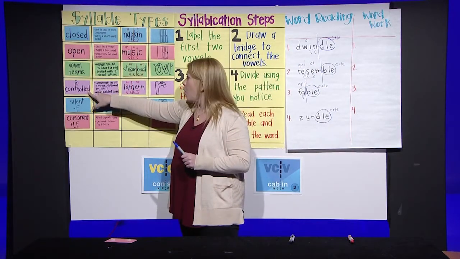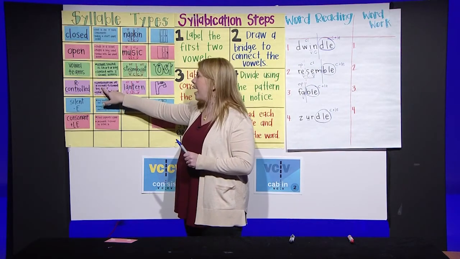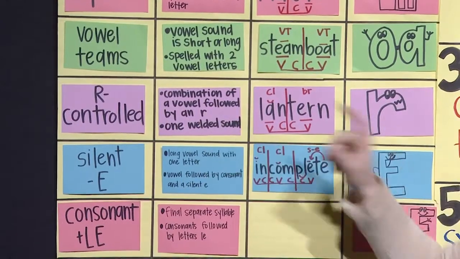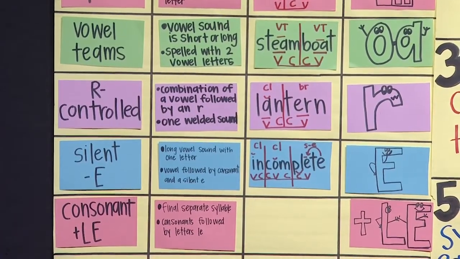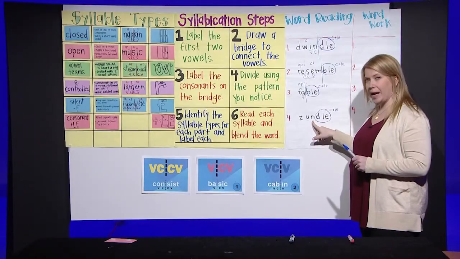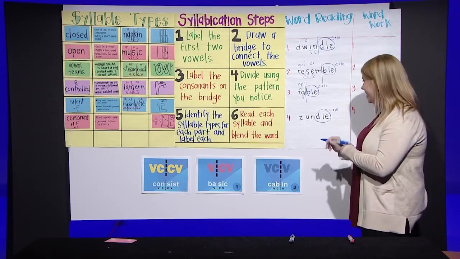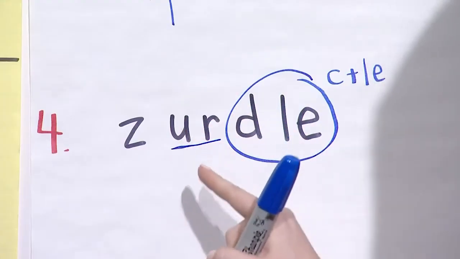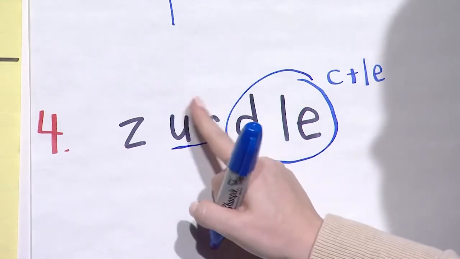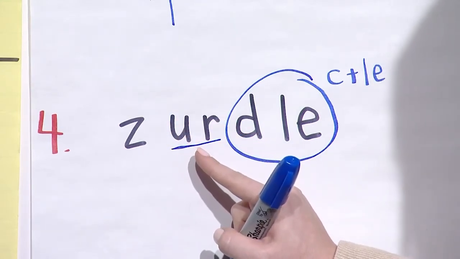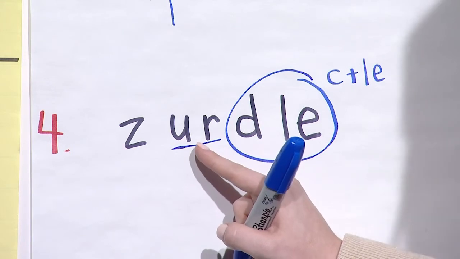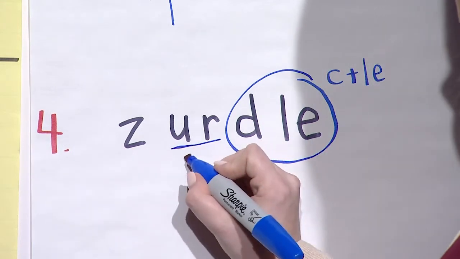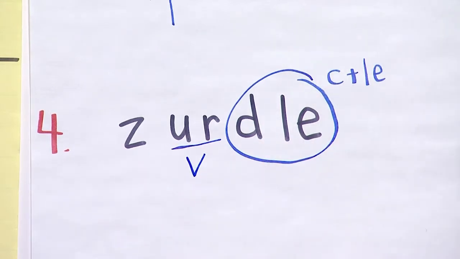R controlled is a combination of a vowel followed by an R. So is this a vowel followed by an R? Yes. So we're going to underline this whole chunk because this is what we call bossy R. That R is going to control the sound that that vowel makes. Very good. Let's put a V under that whole chunk.